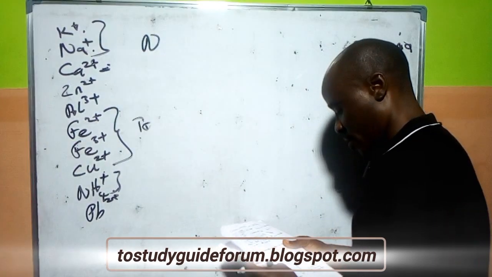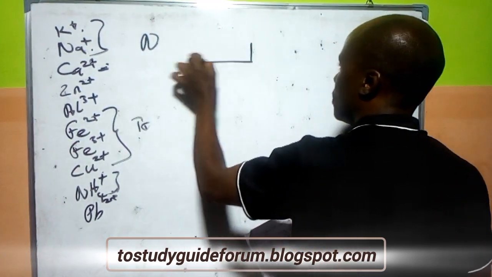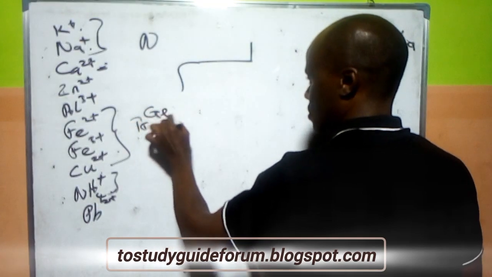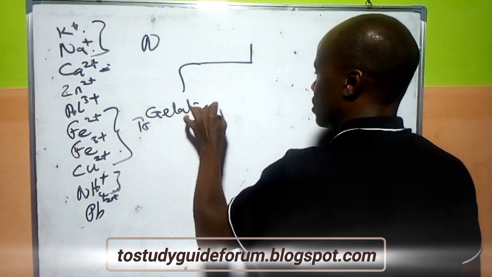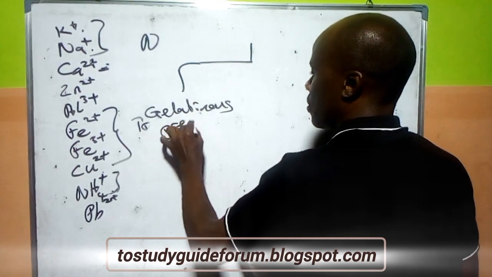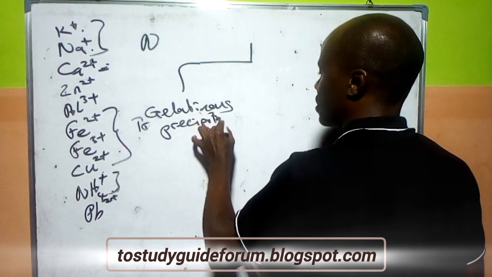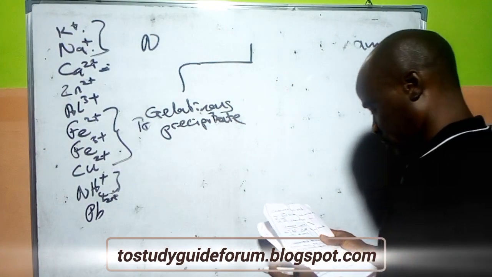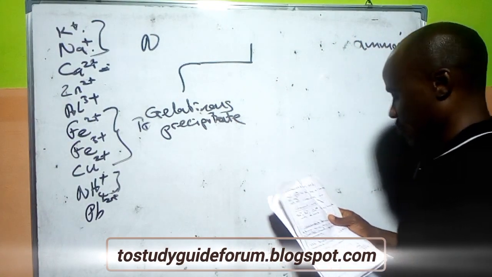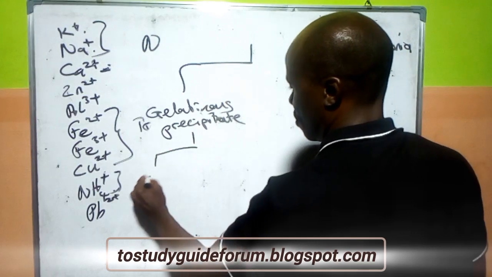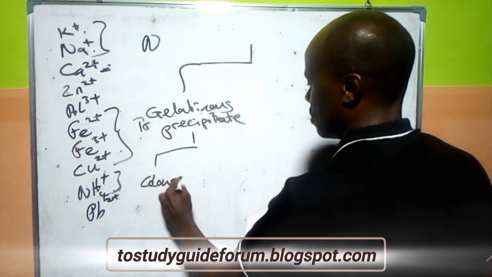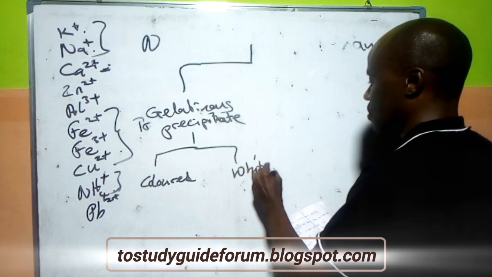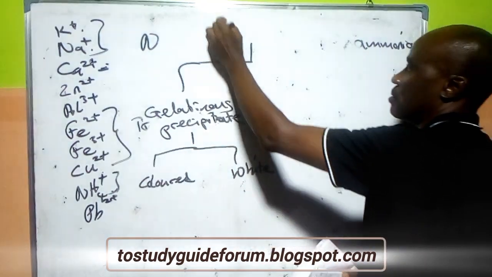We have some that will give us gelatinous precipitate, and we also have the ones that will give us colored gelatinous precipitate. We can also have the one that will give us colored, and we have another one that will give us white, with sodium hydroxide.